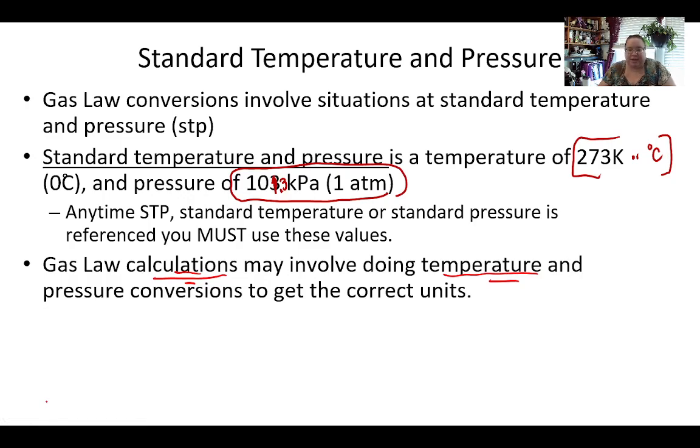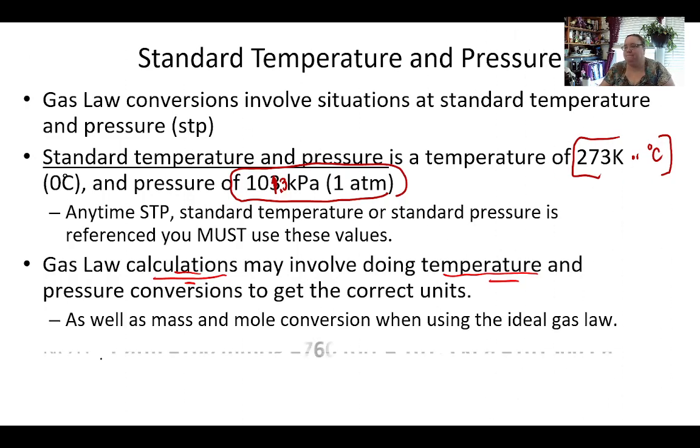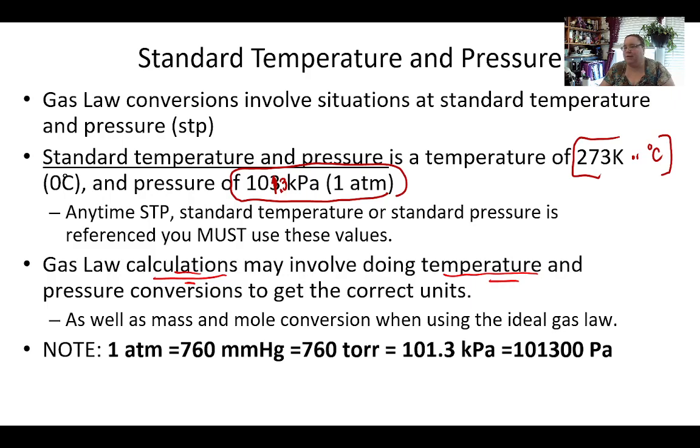So let's look at a couple really quick examples. And before we get to the examples, this last little bullet, these values are on your cheat sheet. They are on your periodic table, so you do not need to memorize them. But they at a glance tell you what the P part of standard temperature and pressure is. It tells you that 1 atm or 101.3 kPa.